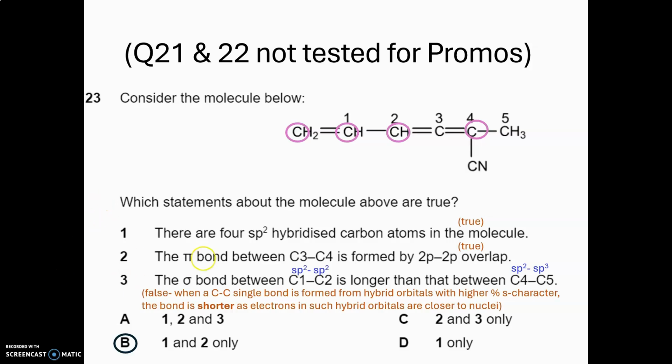So which means that the C1, C2 sigma bond will actually be shorter than the C4, C5 sigma bond, which means statement 3 is false.